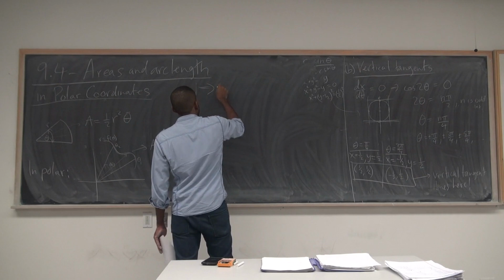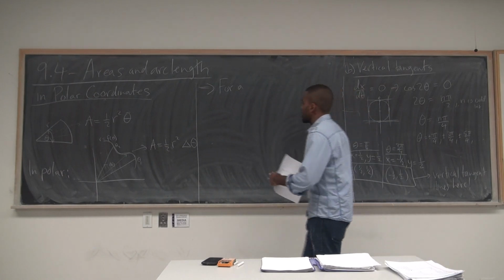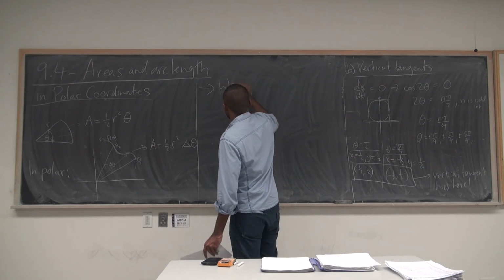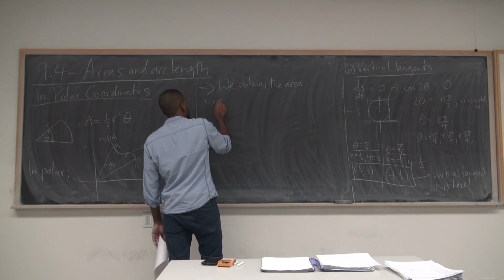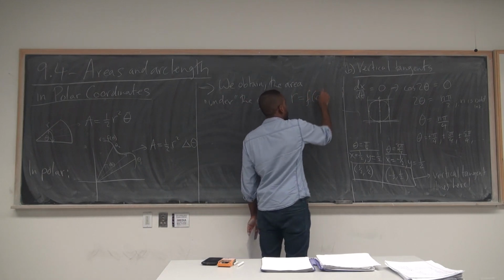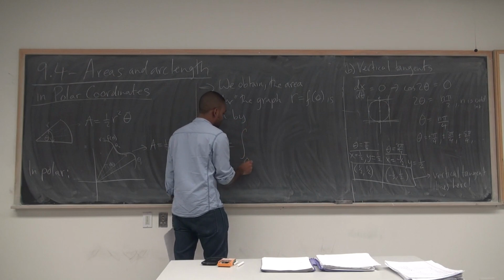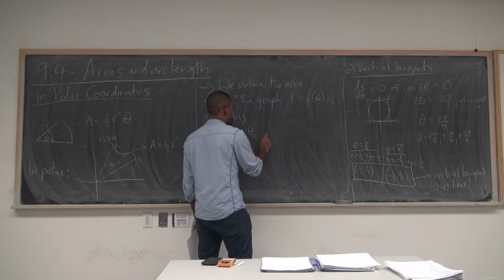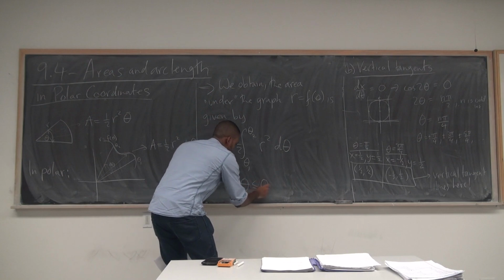This means, hence we obtain, the area under the graph r equals f of theta is given by the integral of 1/2 r squared d theta, for my theta values falling between this angle and this angle.